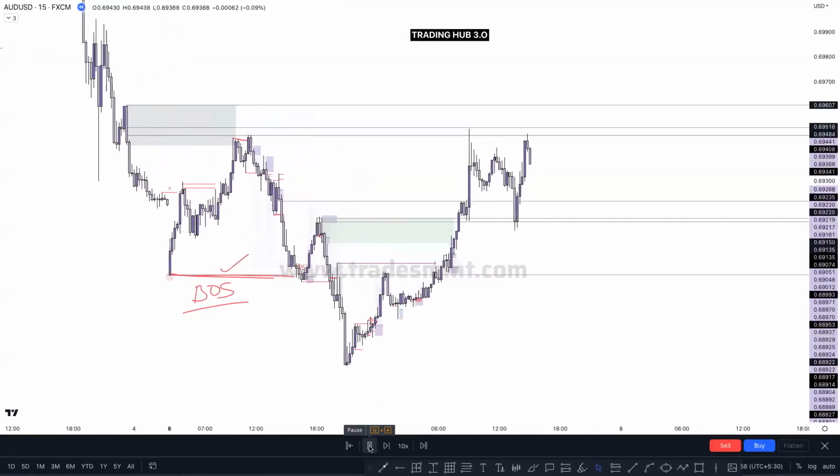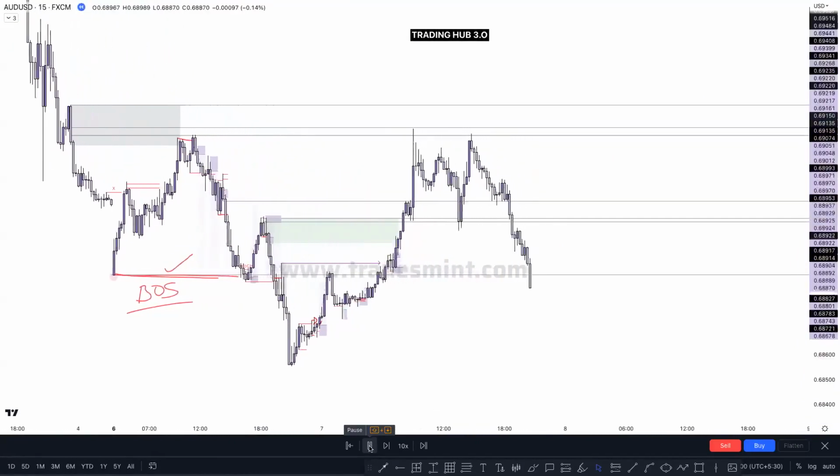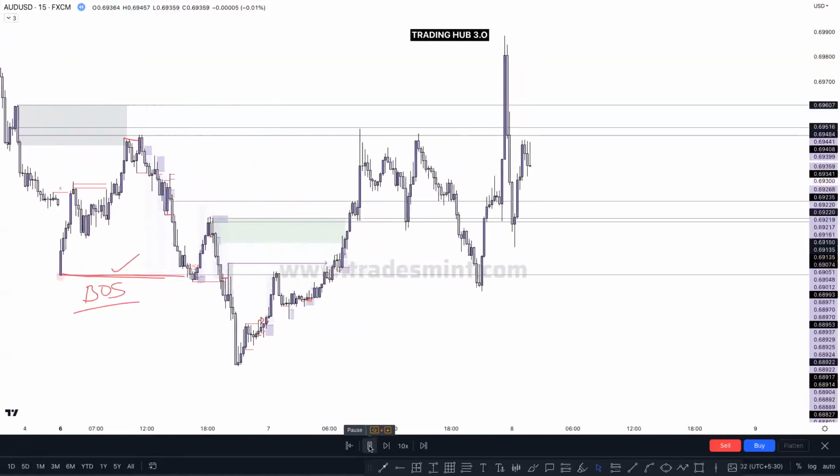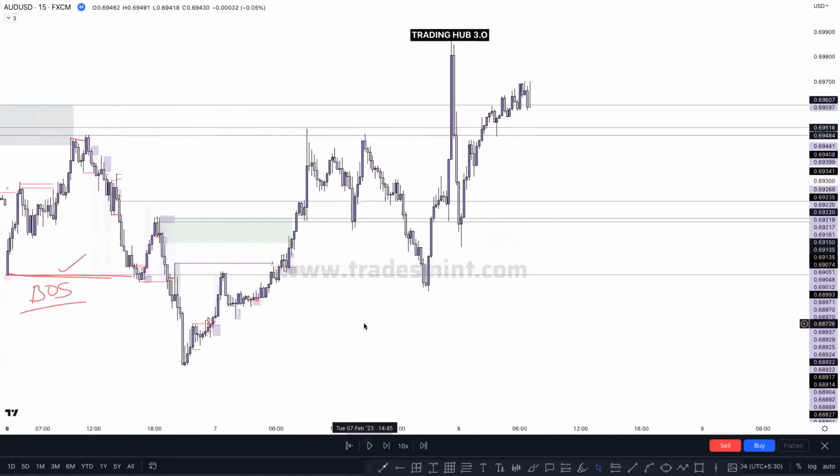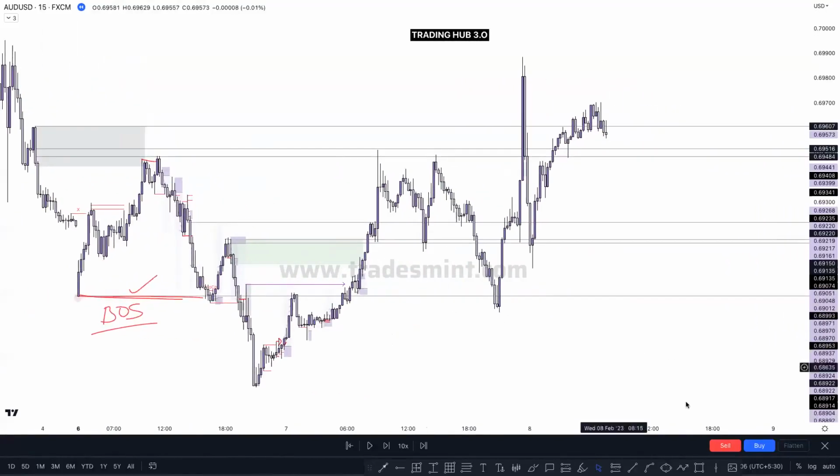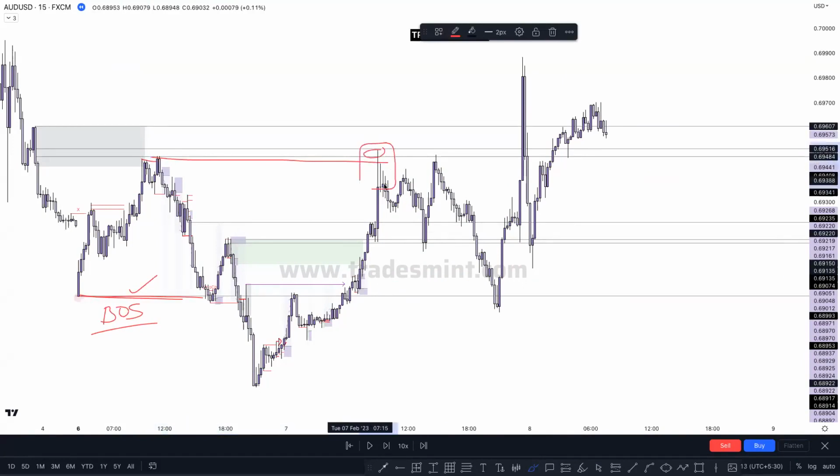I'm just going to replay this one. I will show you one more thing. Okay, so this process will continue here. You can see previous structure swept here, and this sweep acts as a PY, broke this one.